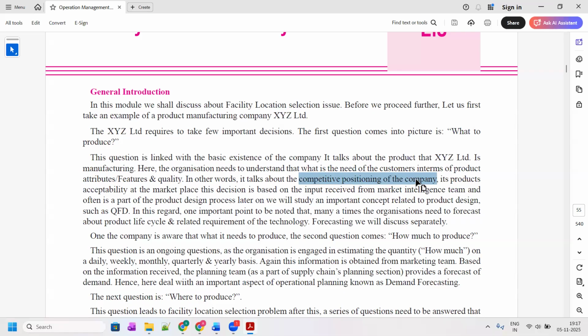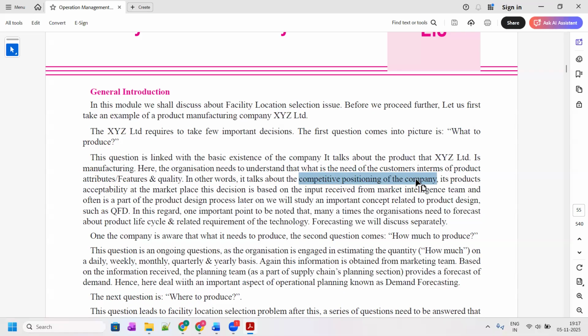They should also think about how they will be able to scale up given the competition in the market. This decision is broadly based on market research and product design ideas. Here we are not going to manufacture anything.